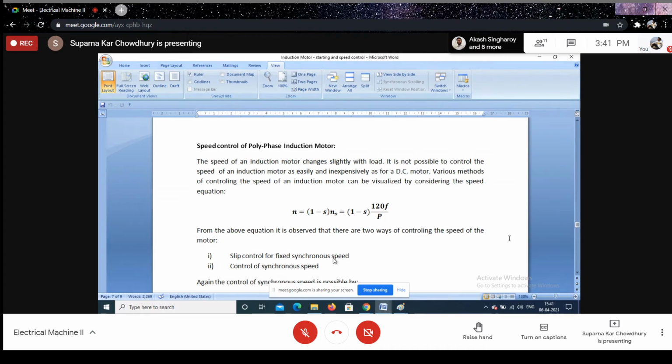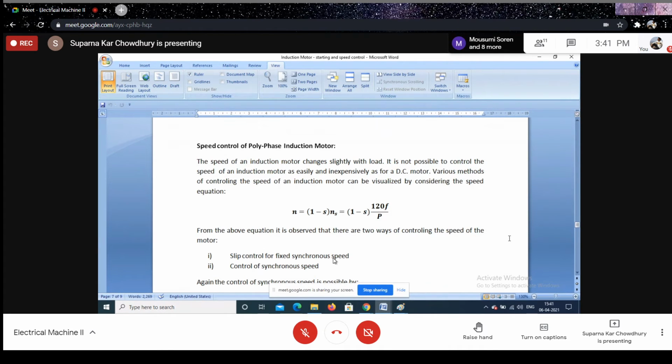But one of the advantages of the DC motor was that the speed can be very easily controlled in very inexpensive ways. That is, by simply inserting resistance in the field and armature circuit, we can control the speed of the DC motor over a wide range. That is not possible in the case of an induction motor.